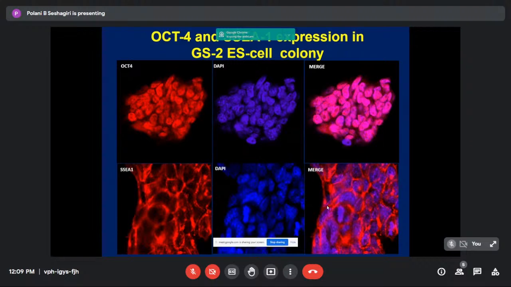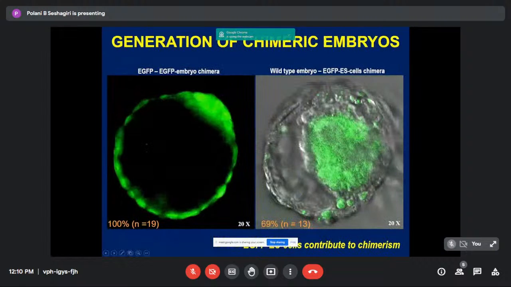A chimera is a mix of two different genotypes. So it will have properties of this genotype and the host blastocyst cells' phenotype. So we formed chimeras, and these are typical examples of a chimeric blastocyst formed. And if you transfer this, you get the chimeric mouse. So this is the most important evidence that the ESC that you produce is actually a totipotent cell.